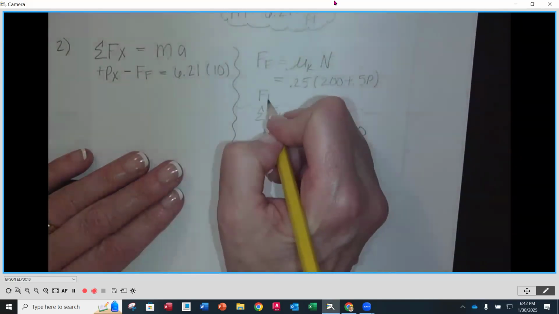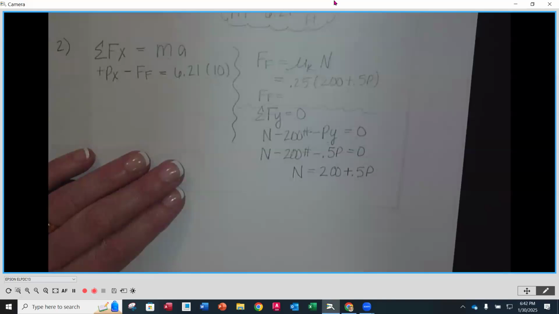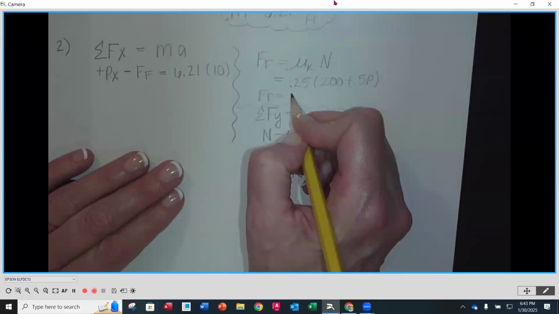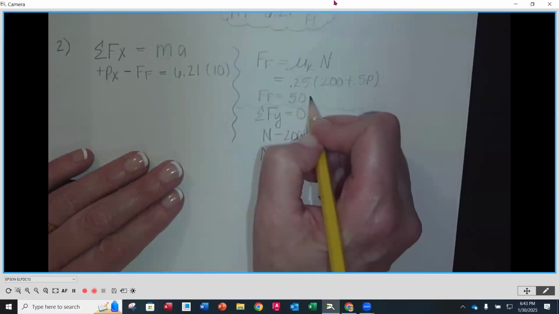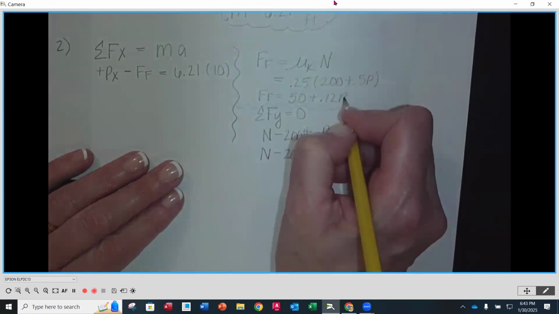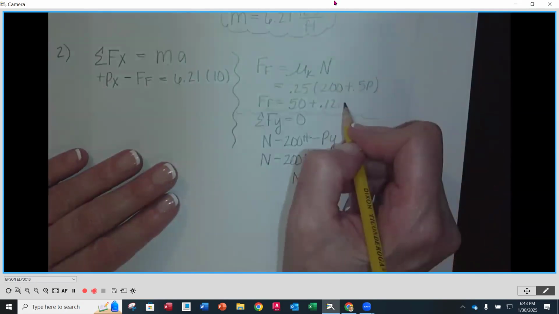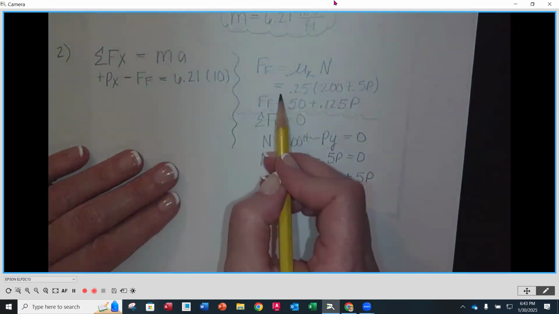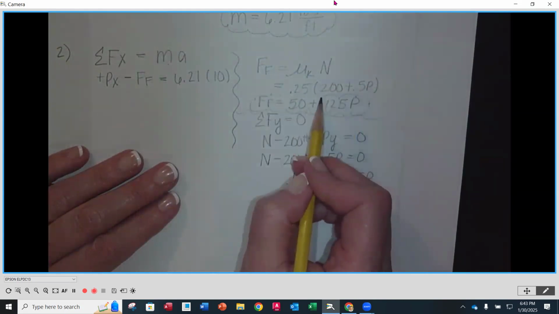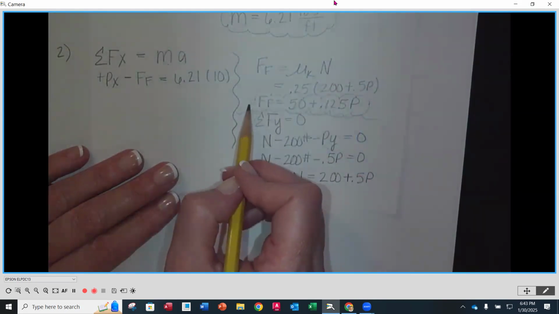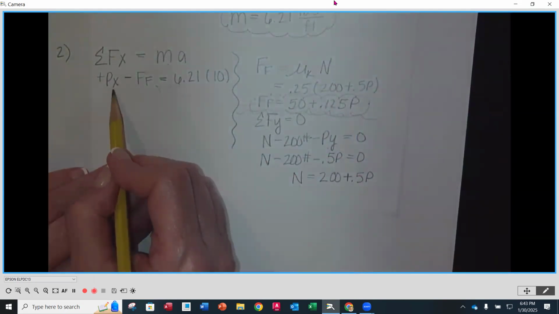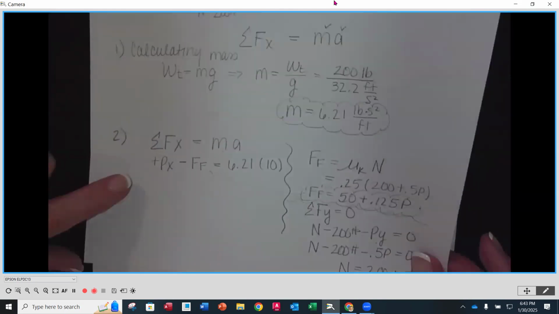Okay, so our friction force, again, is not going to have an actual value yet, but we're going to put it in terms of P, is going to be 50 plus 0.125P. Okay. Now, this expression that we have for friction force is what we're going to be putting up there. And then our component in terms of P for the X is what we're going to be putting here.